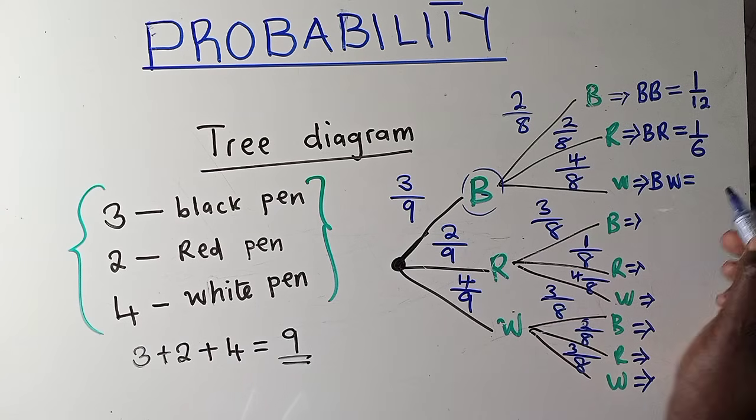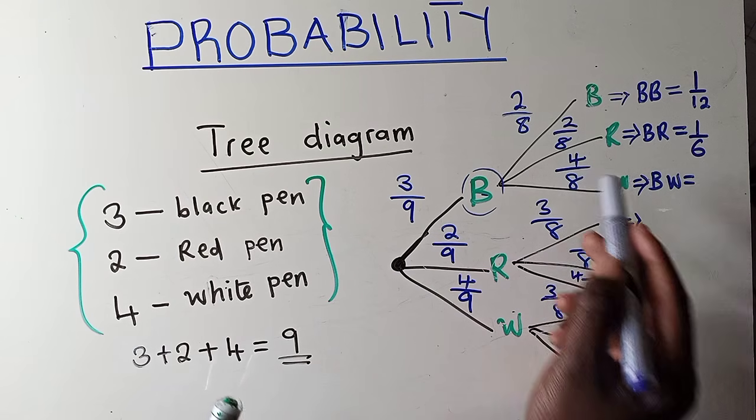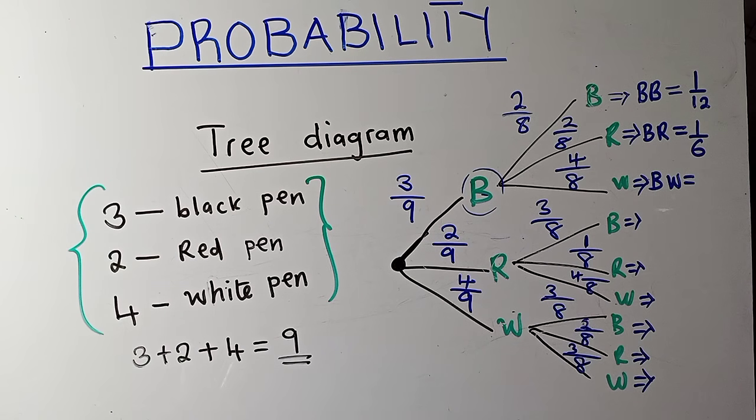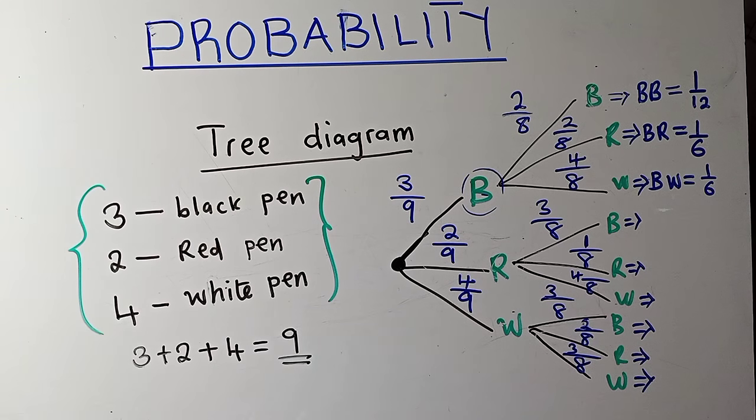Whichever. So here next will be black and white. Black and white. What is the probability? Meaning this times this value. So 3 over 9 times 4 over 8. I'm getting a 1 over 6. Okay. Is this okay? Let me count.